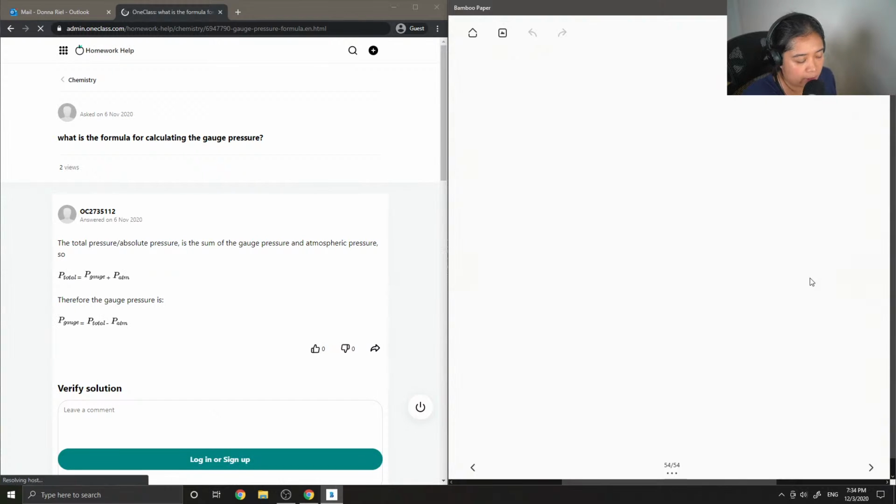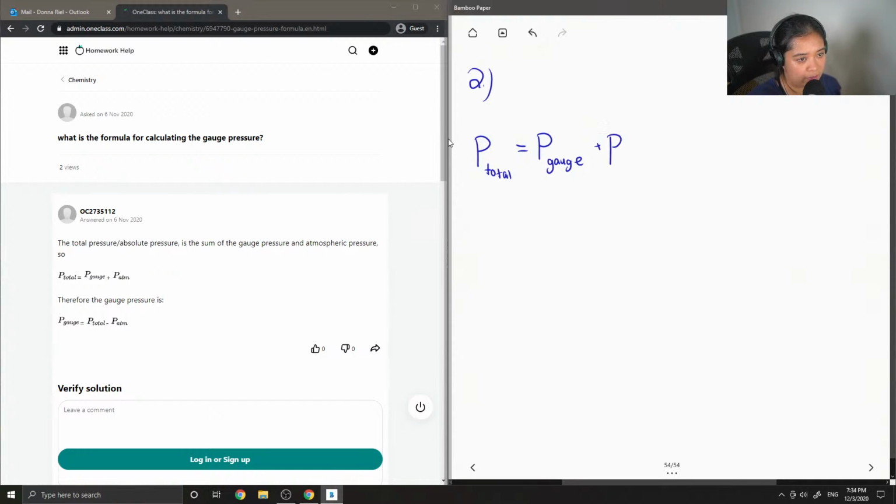Okay, so moving on to question 2. What is the formula for calculating the gauge pressure? If we have the pressure of a total system, this is equal to the sum of the pressure from the gauge plus the atmospheric pressure.